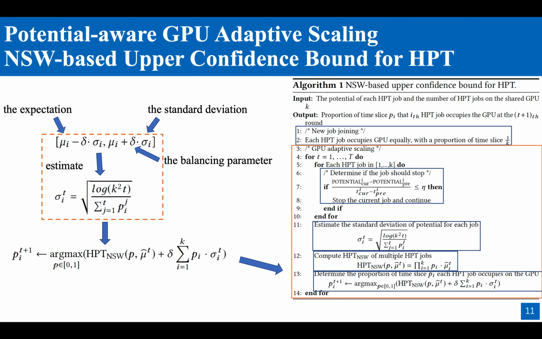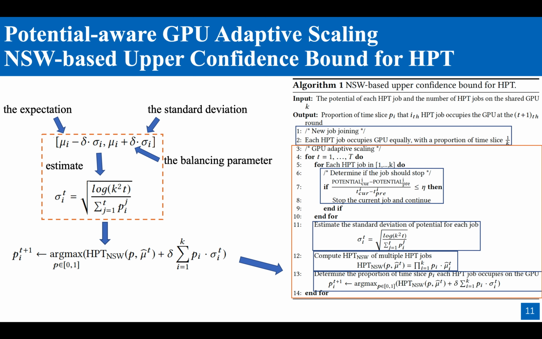Based on the modeling, we designed our heuristic algorithm by leveraging upper confidence bound, and here is the pseudocode of NSW-based upper confidence bound for HPT. The theory of upper confidence bound considers that the reward of an arm lies within the interval.